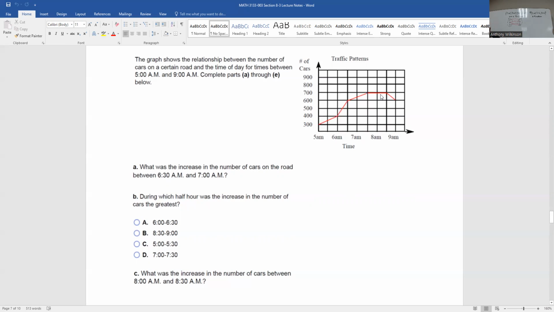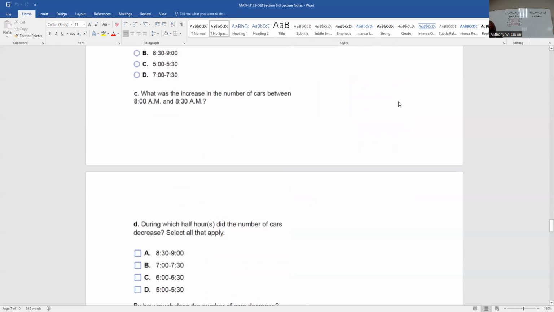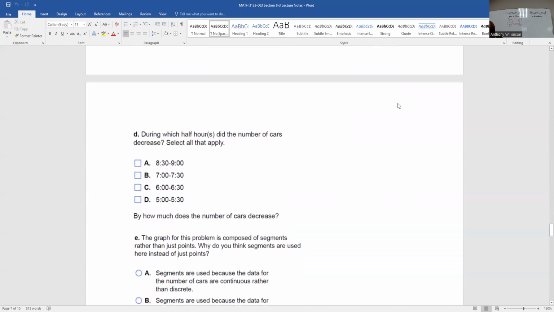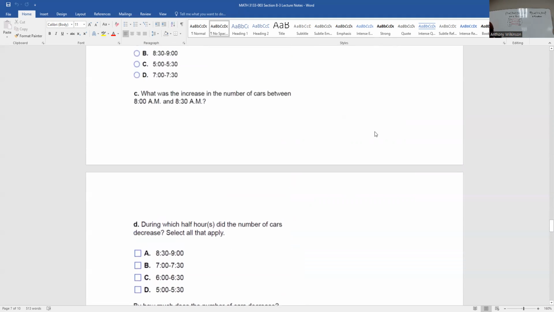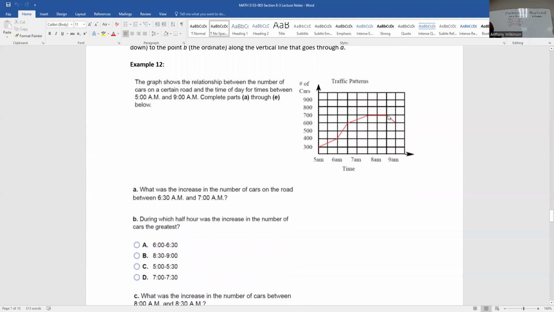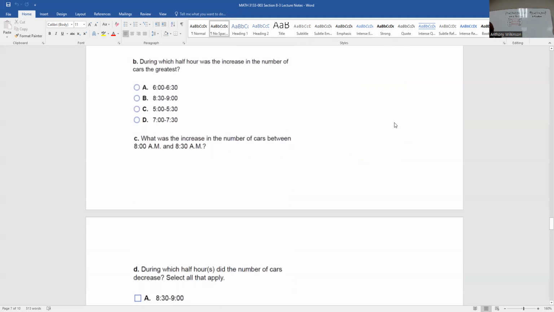That's where this graph is falling. And by how much does the number of cars decrease? By 100, because at 8:30 it was 700, and by 9 a.m. it was 600. So 700 minus 600 is 100.